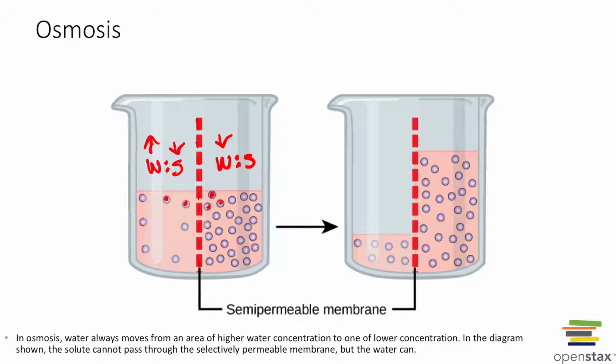So if our water concentration is really high over here, then it's going to go across to the low side. So water can go across a selectively permeable membrane, and we can see over here that our water to solute ratio is the same on both sides now, and that is due to osmosis. Osmosis is the diffusion of water from areas of high concentration to areas of low concentration.